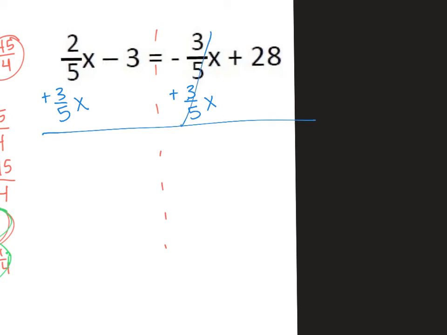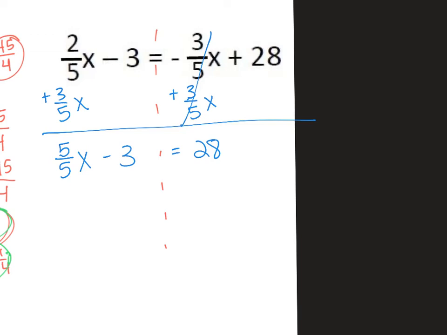So that goes away. Got 28 equals. And they do already have common denominators. Woohoo! Make it a little bit easier. So we just have to add the top. So 2/5 plus 3/5, 5/5 x minus 3.